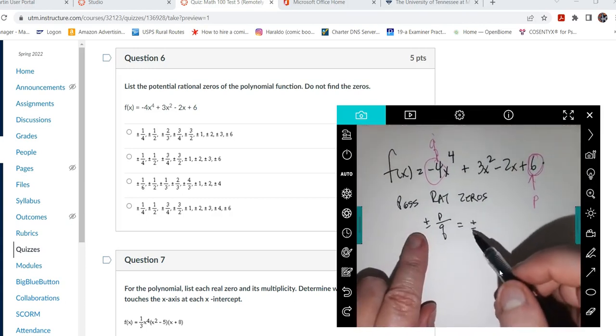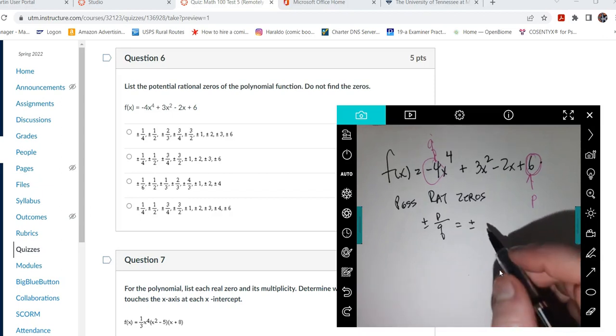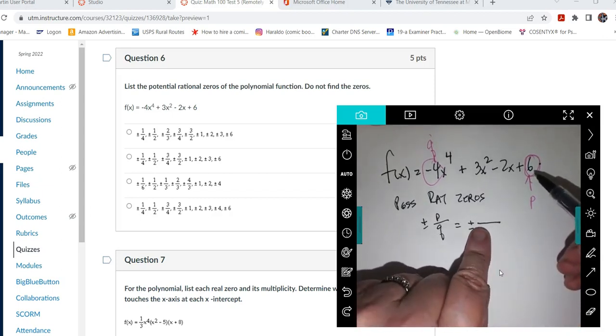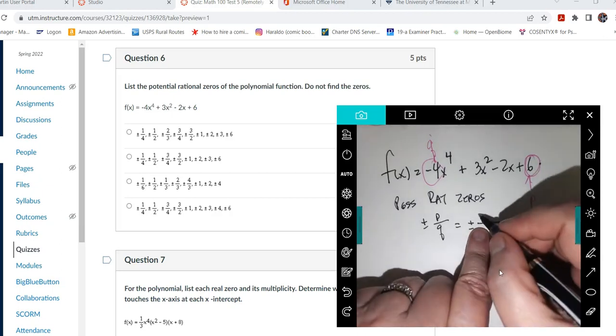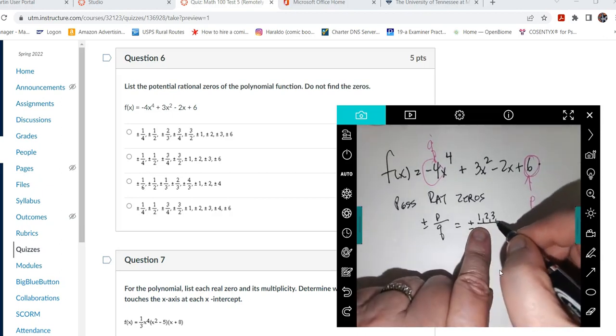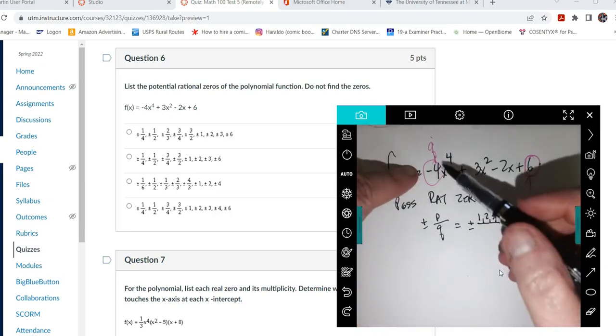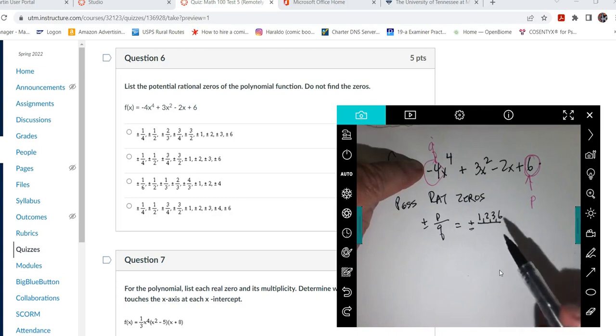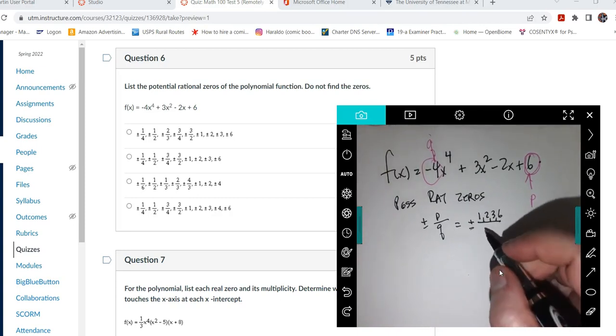So I can put a plus or minus out the front. In the numerator, I could have 6 and 1 and 2 and 3. And in the denominator, because I got plus or minus out the front, I have all the factors of 4, which is 1, 2, and 4.